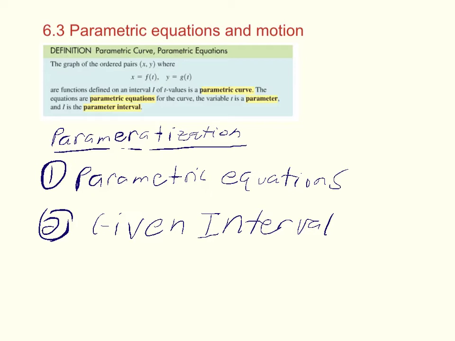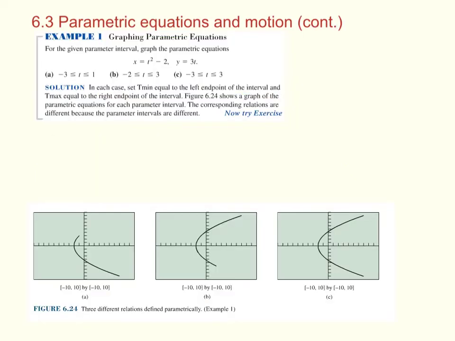Okay, so let's talk about the first example, which is just trying to find, for the given parameter interval. In this example, we're given the parametric equations x equals t squared minus 2 and y equals 3t.